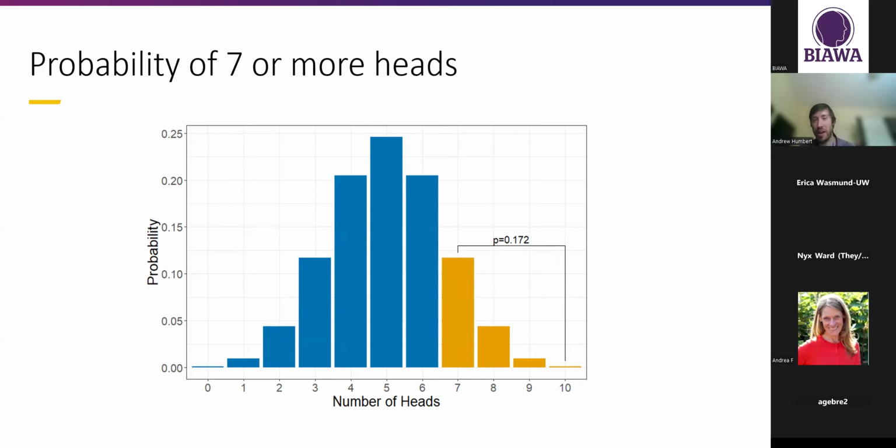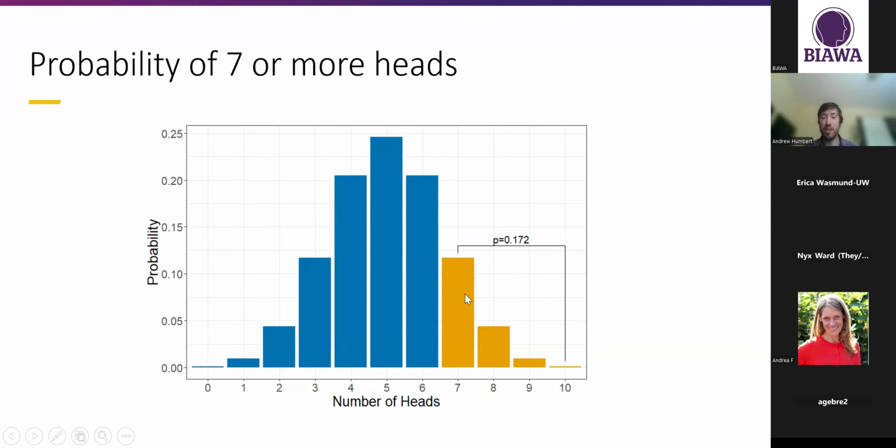And again, this goes back to that height example. The probability of finding somebody exactly 6 feet tall is pretty rare. But the probability of finding somebody 6 feet or taller is not nearly as rare. And that's the intuition: most people wouldn't be impressed if you saw somebody who is 6 feet tall, because they're thinking, oh, there are a lot of people who are 6 feet or taller. They're not thinking about what proportion of people are exactly 6 feet tall.